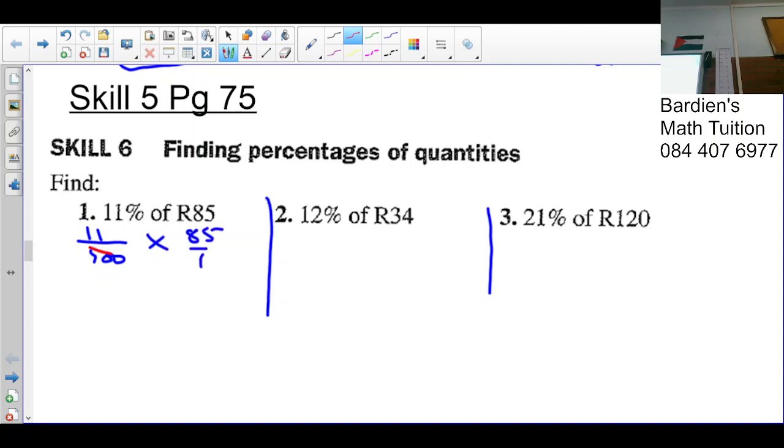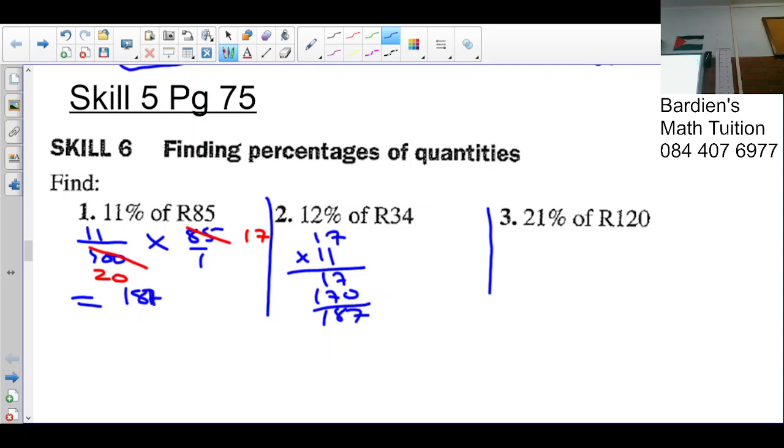So 5 goes into 100 20 times. 5 goes into 85 17 times. Not so? So that will simply be 11 times 17, which gives you 187 over 20.